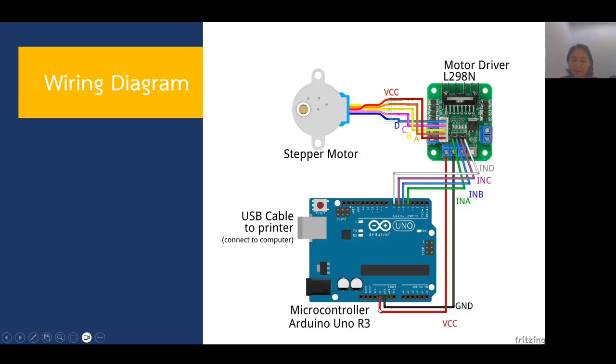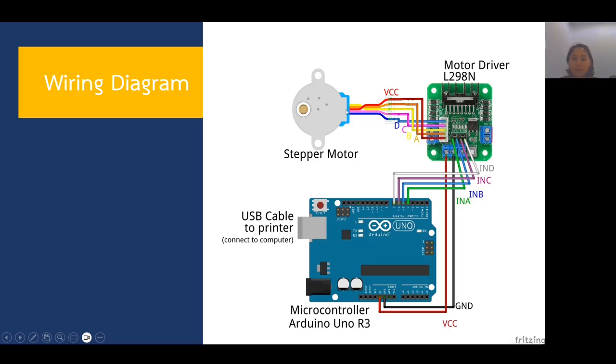L298N. This is the red wire for VCC from the 5-volt pin in Arduino Uno, and then the black wire is from the ground pin of Arduino Uno, connected to the motor driver in this terminal: VCC to the VCC, ground to the ground.